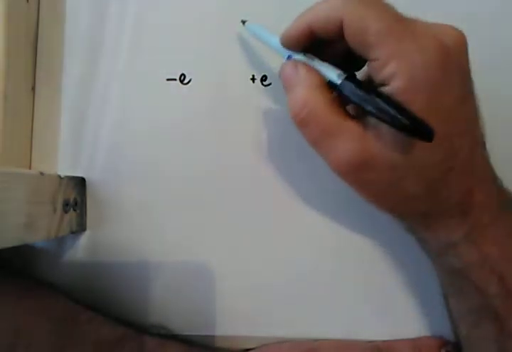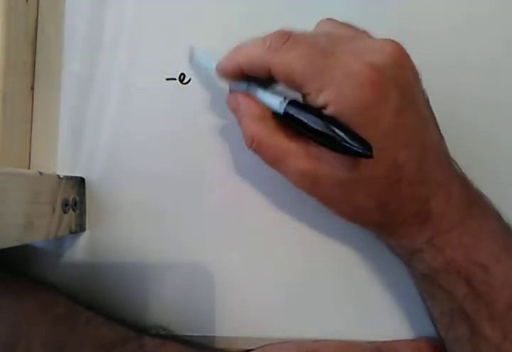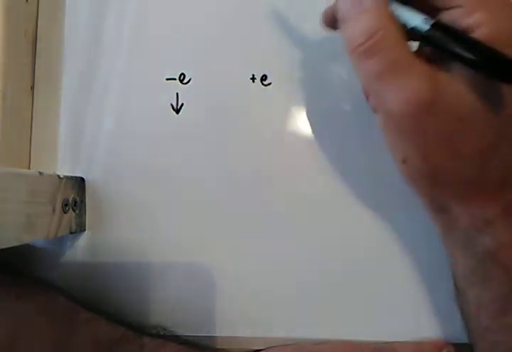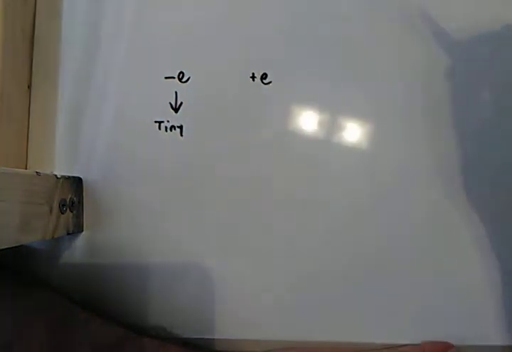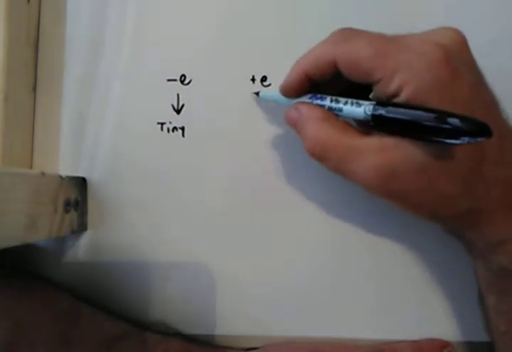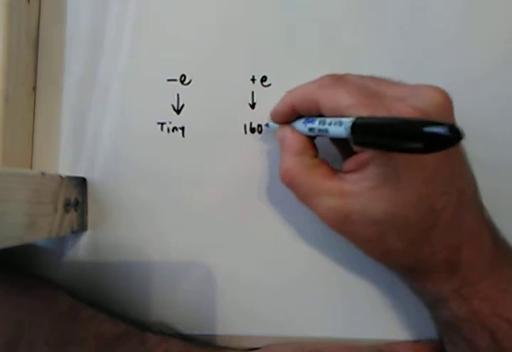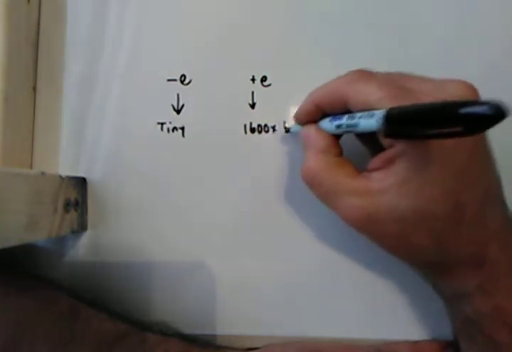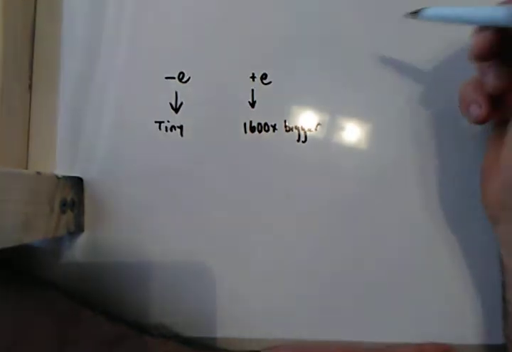A fact on the electron: it's very tiny. Protons are very tiny too, but protons are about 1,600 times bigger than the electron.